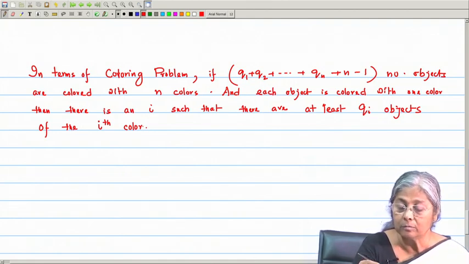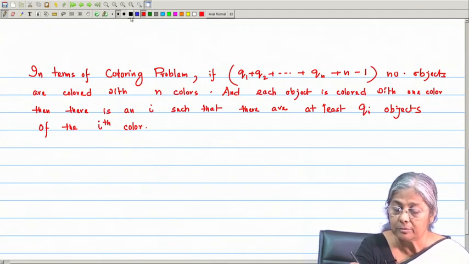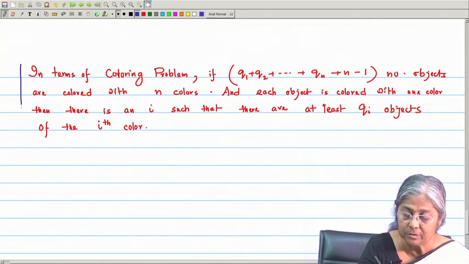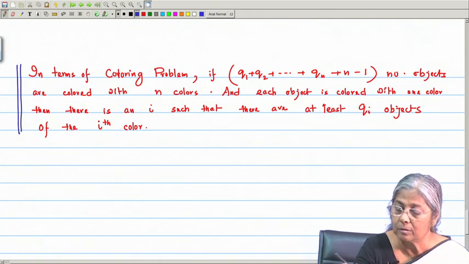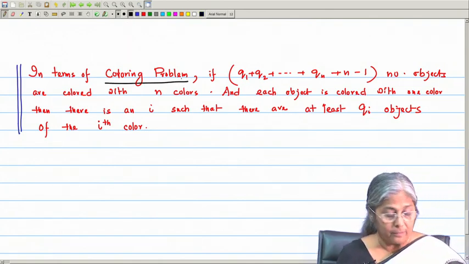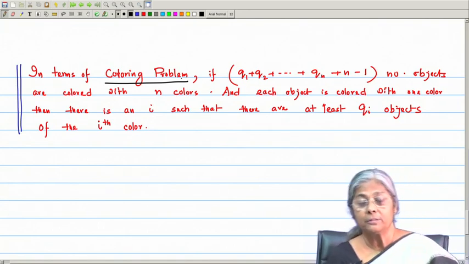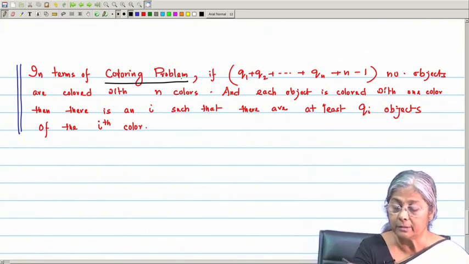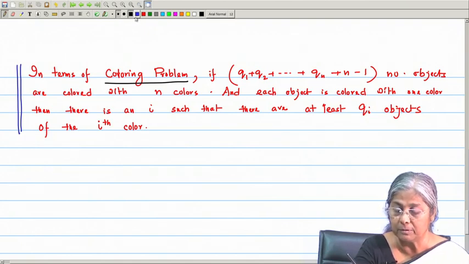Now, we see that this is our coloring problem. Now, we see what other forms we can write or state for this generalized pigeonhole principle.